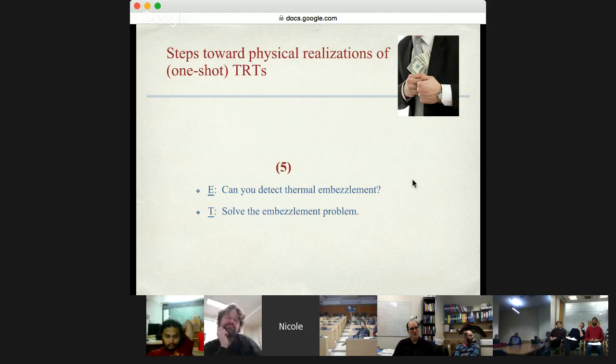So it's considered to be an important problem. It's a phenomenon that is predicted by thermodynamic resource theories. On the face of it, this phenomenon seems impossible, but if you look closer, it's actually consistent with the laws of physics, of course. But because it's so surprising and it involves a fair amount of control, I think it would actually be fairly interesting if someone could realize this experimentally.